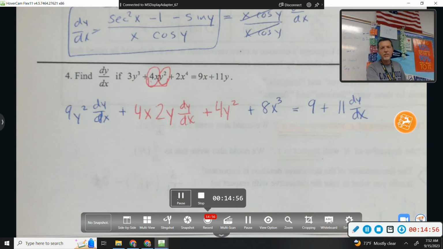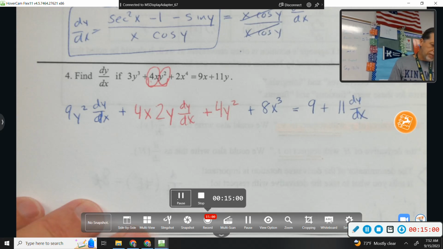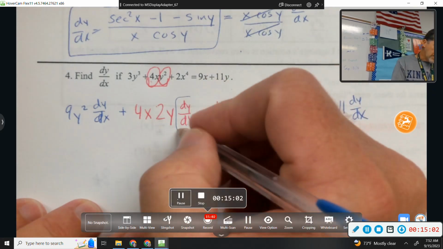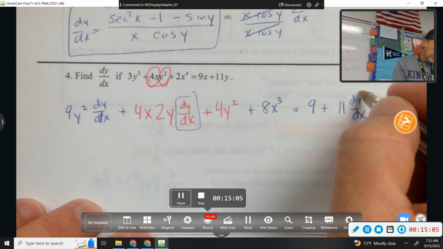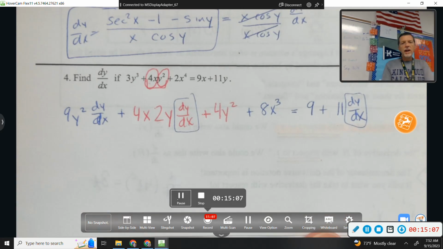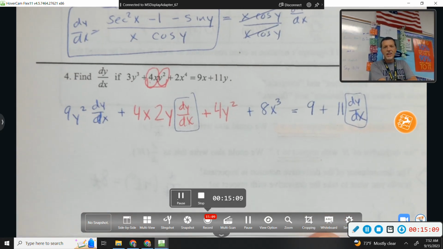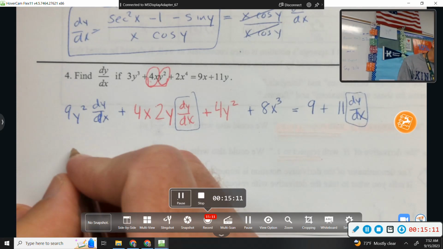Calculus is over. Now we get to worry about algebra. Kind of a pain. I need my dy/dx terms on one side and my not dy/dx terms on the other side. So let's see if I can do this all at once.